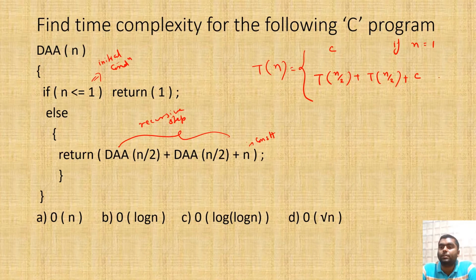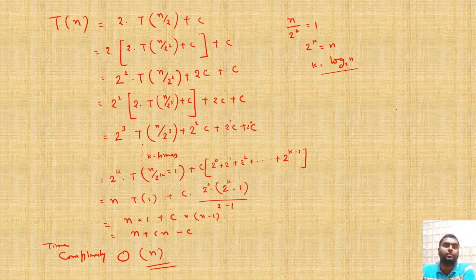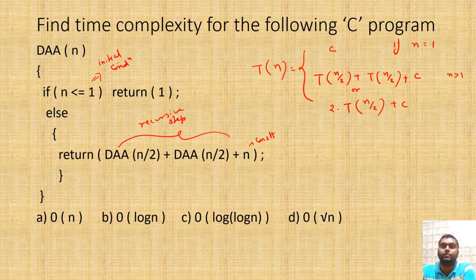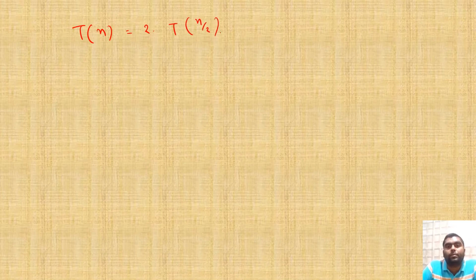So this is the case when n is greater than 1. Otherwise you can also write it as 2 times T of n by 2 plus c. So I think this is the same as the previous one. So what will be the solution in that case? T of n equals 2 times T of n by 2 plus c. So use the master's method. What is the master's method? N raised to the power log a base b.